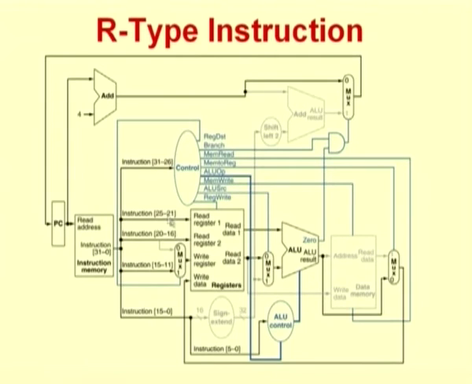We have looked at an R type instruction and seen what the different control signals are. Let us first look at the R type instruction, and from the control signals that we just generated, we will see which ones will actually flow. For an R type instruction, the blocks that are highlighted, you can see that this block and this block are not highlighted, which means these are really not used, since it is used only for a register based ALU function.